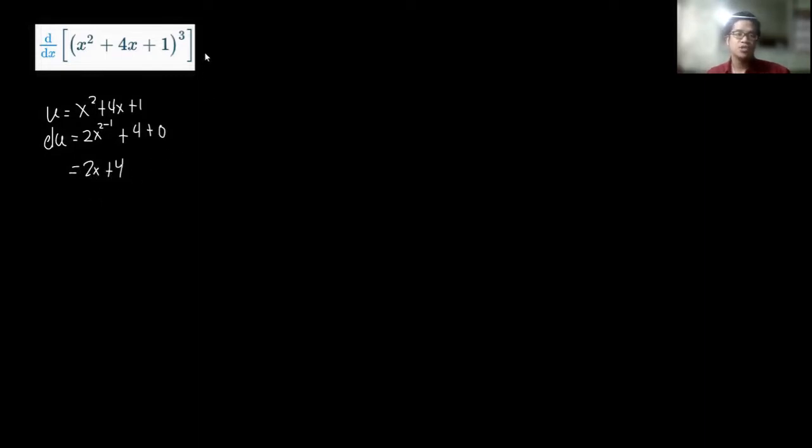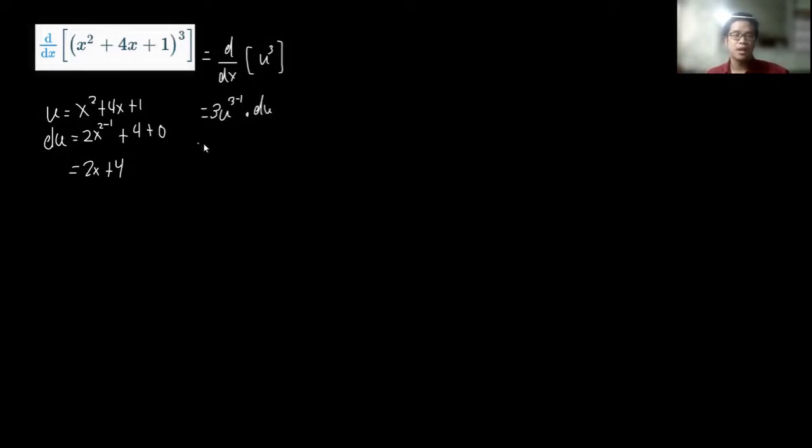Since u is your trinomial, this would be rewritten as the derivative of u cubed, or u raised to 3. So let's derive u raised to 3. Bring down the exponent, copy the variable, and subtract the exponent by 1, times your du.